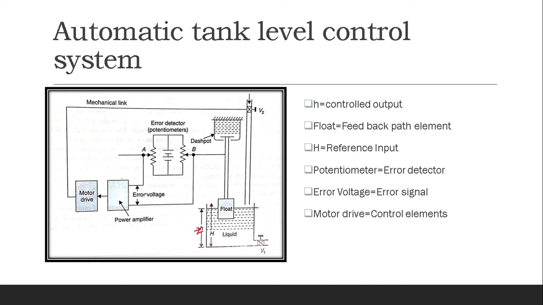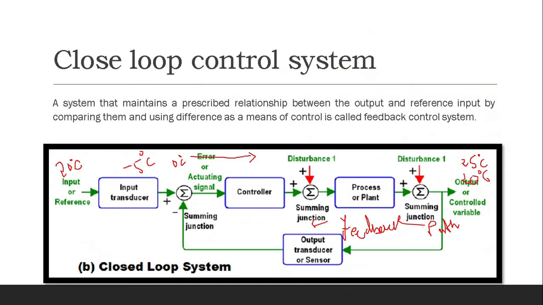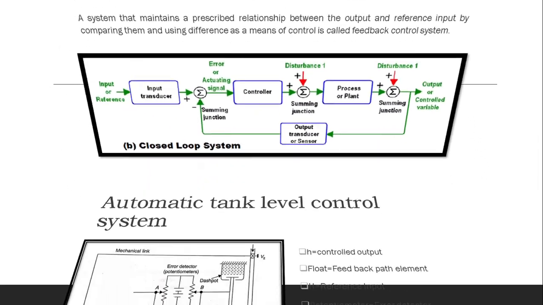What is error voltage? It is nothing but your error signal or actuating signal. What is the motor drive? It will be your controller. So you can put all these things in the block diagram of a closed loop control system. So this is one example of a closed loop control system.